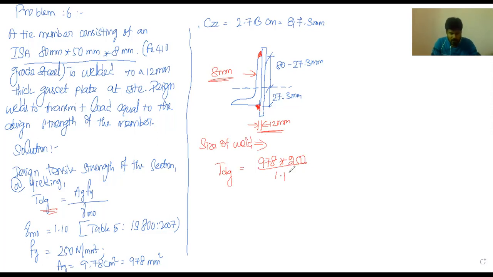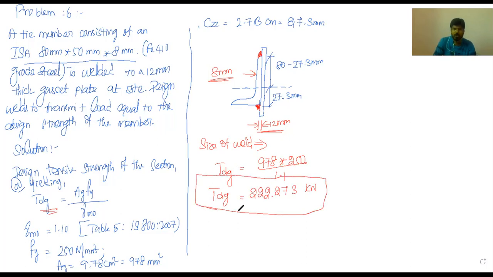So 978 into 250 divided by 1.1, the value is 222.273 kilonewton. So the design tensile strength carried by the entire section becomes 222.273 kilonewton.